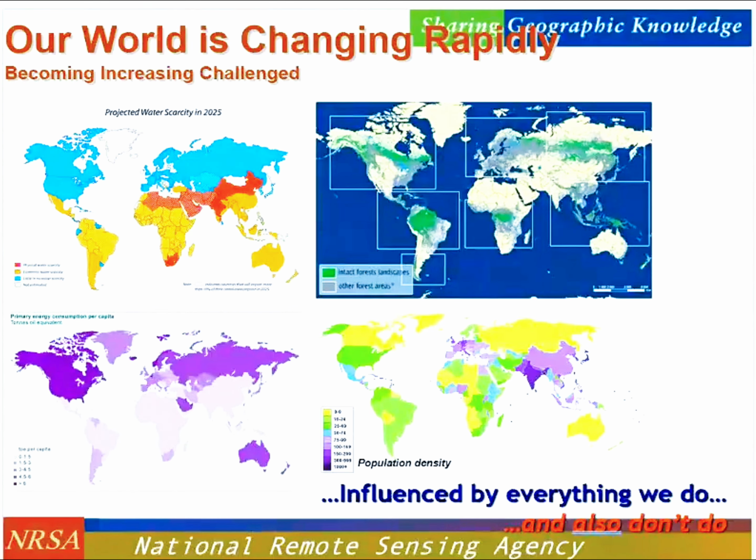Now you know very well our world is changing rapidly, right? It means it is increasing by the change. You see the four types of maps in the world. These maps are already using GIS. Okay, so this map can be showing the water scarcity and the population density, right?